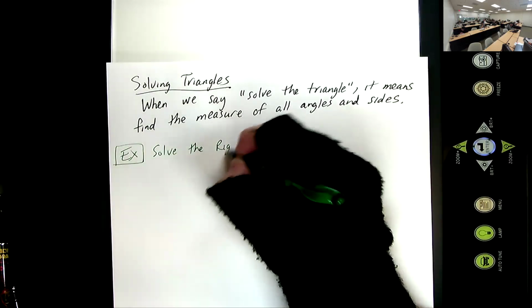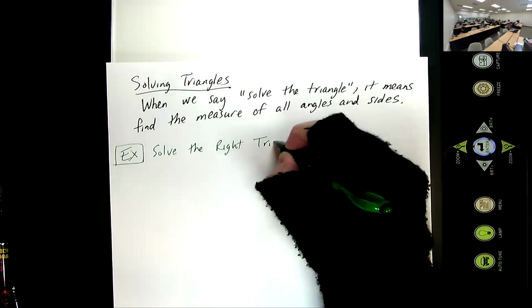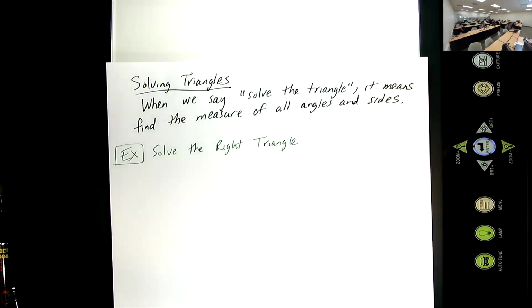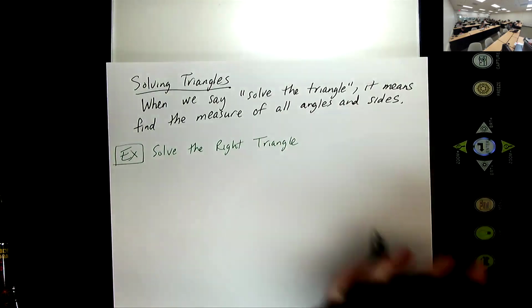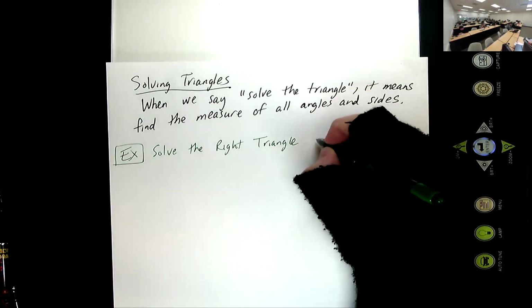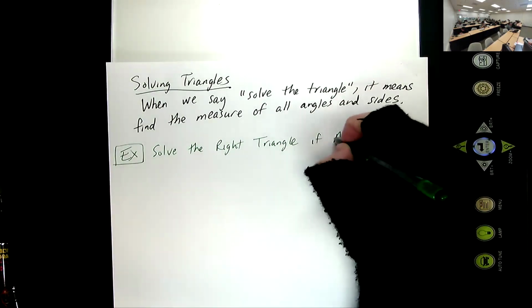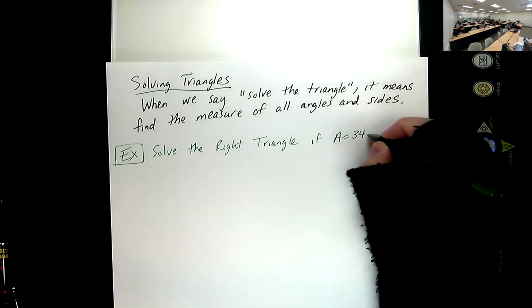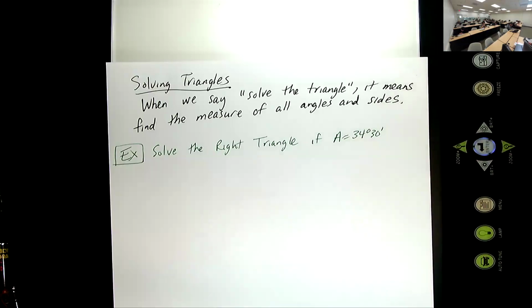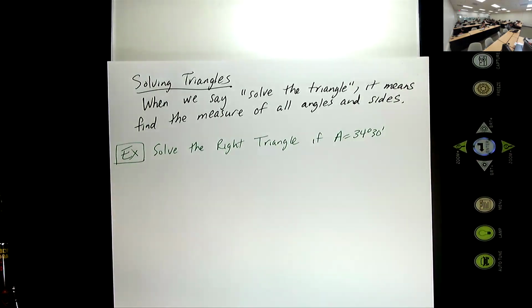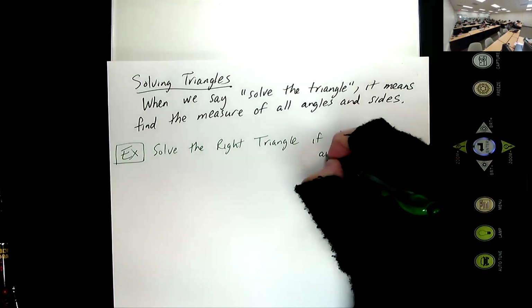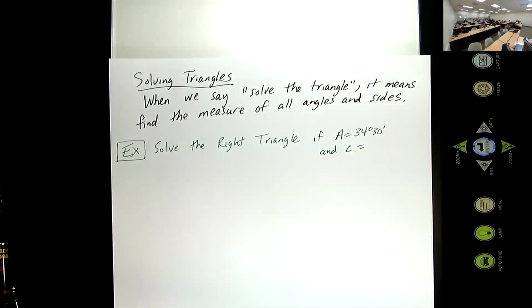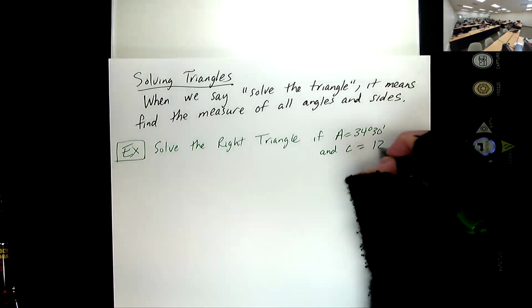Solve the right triangle, if A is 34 degrees, 30 minutes, and little c is 12.7 inches.